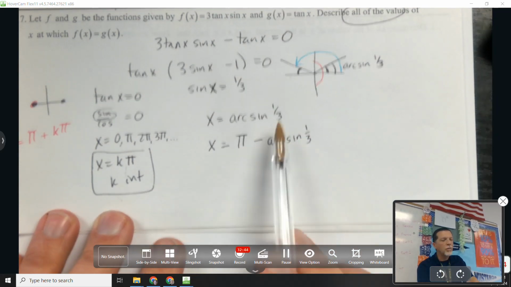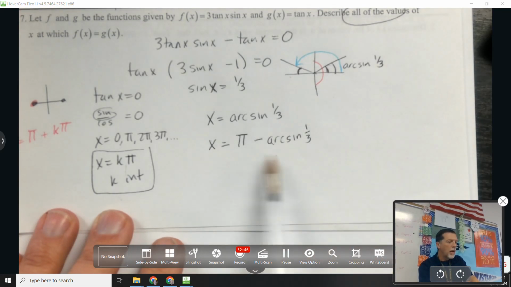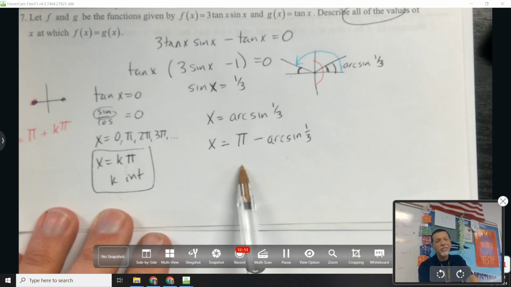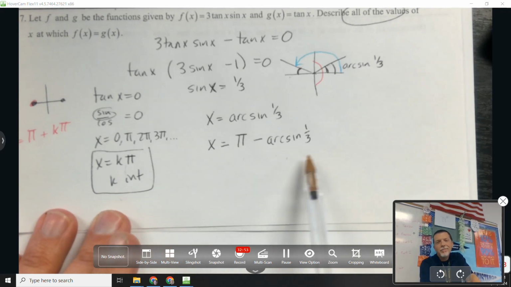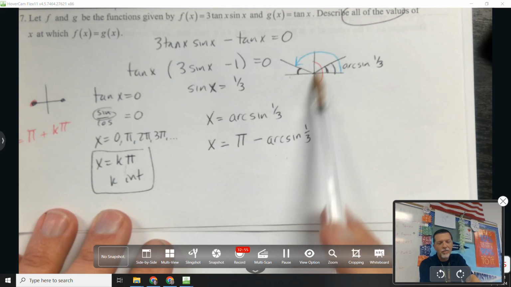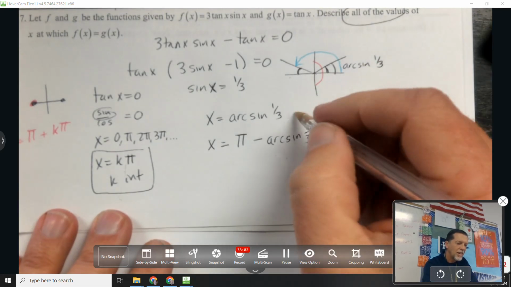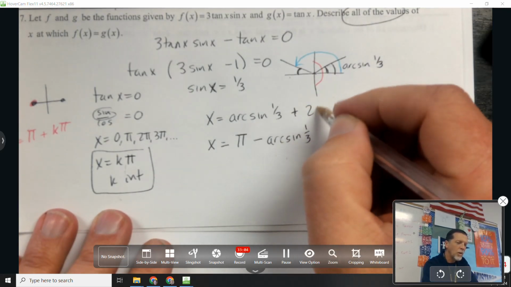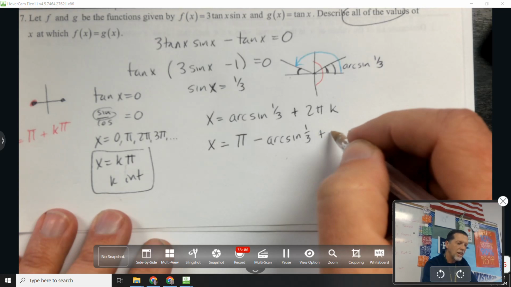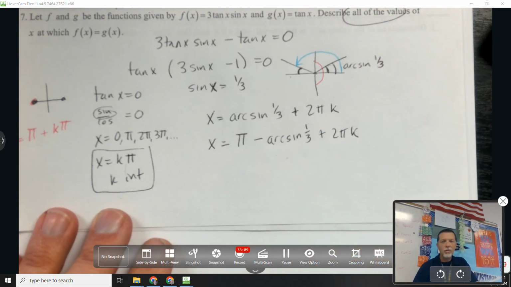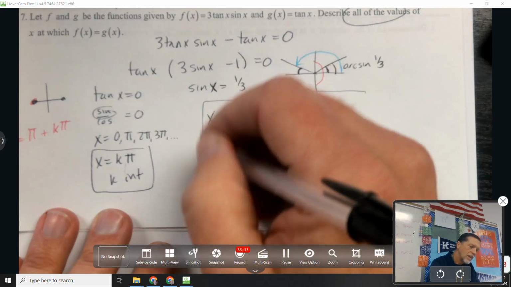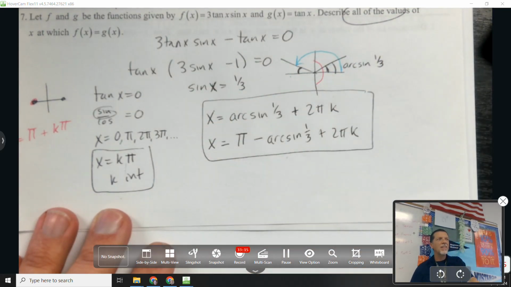So arc sine is always going to be in the first or fourth. Pi minus is going to give us the other answer. And by the way, for sine, it's always pi minus. I don't know that you'd memorize that because you can just figure it out every time. Let's be careful. Although this one's kind of easy because take the easy way out. If I rotate 2 pi, I'll hit it again. So I'll just tack 2 pi k on the end of those. Lovely.